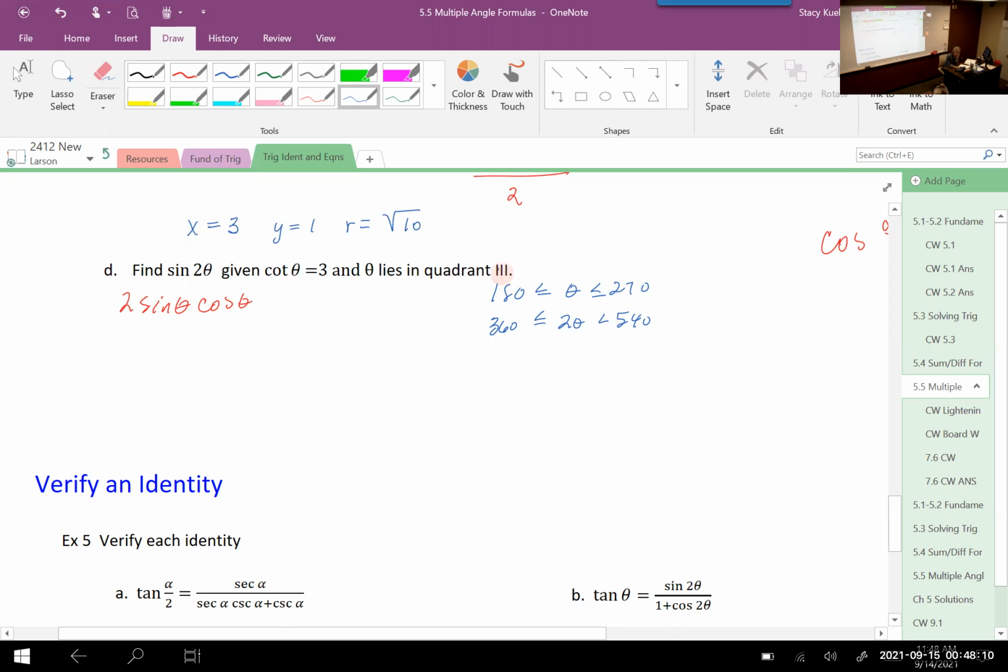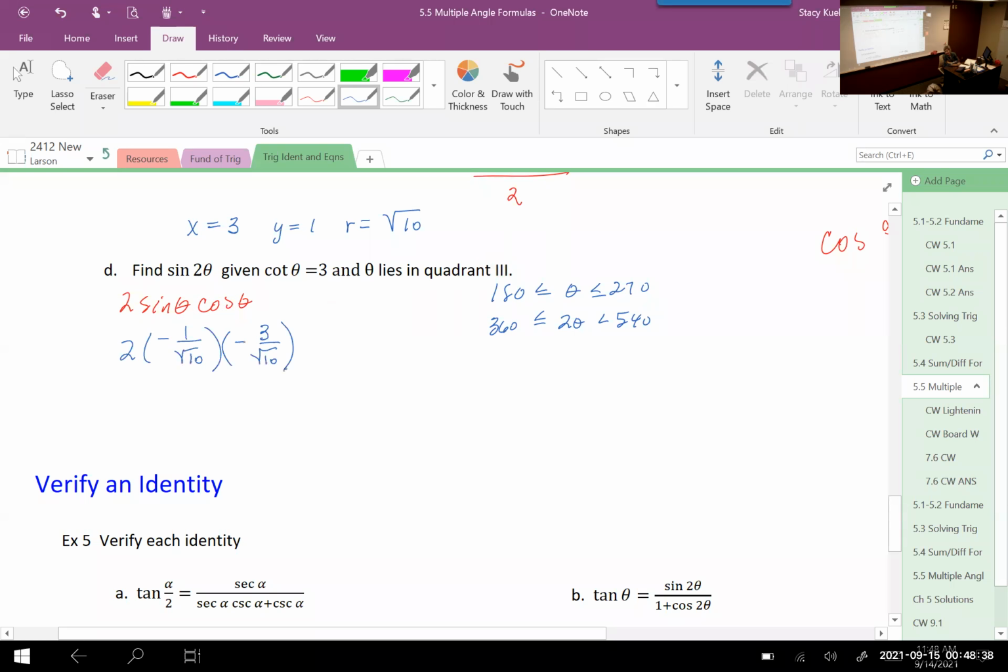Theta is in the third quadrant, so both sine and cosine are going to be negative. So I have 2 times the sine of theta, which would be negative 1 over the square root of 10. Cosine of theta would be negative 3 over the square root of 10.